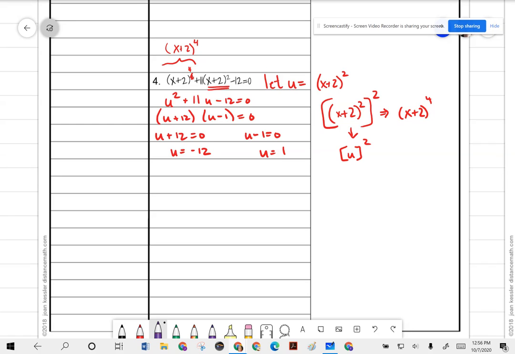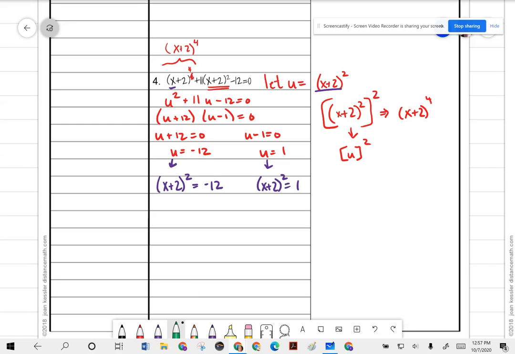But remember, you're not done. We are solving for the variable x. So once you've solved for u, you need to go back and resubstitute the u. So in this case, it's going to be x plus 2 squared is equal to negative 12. And in this case over here, it's going to be x plus 2 squared is equal to 1.